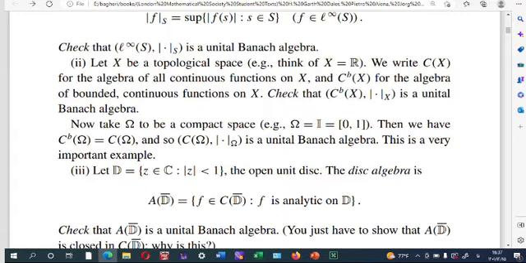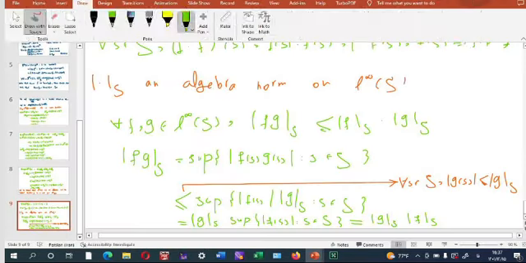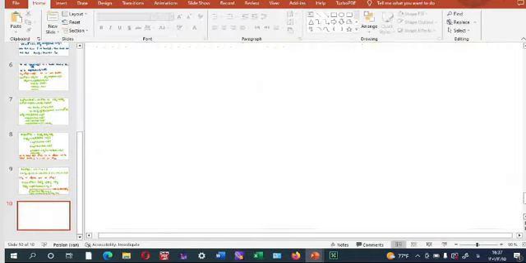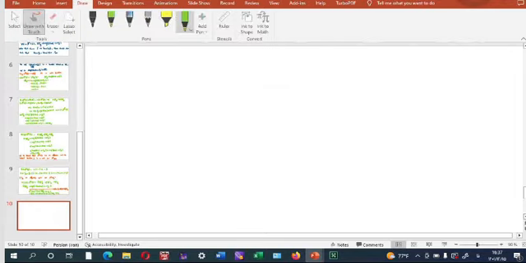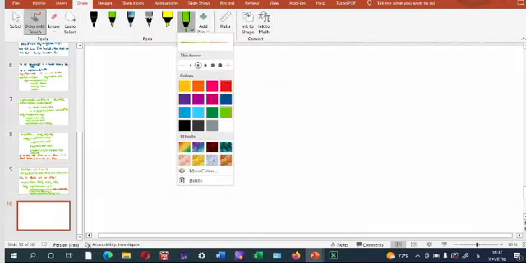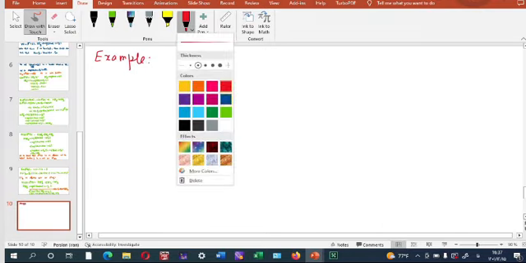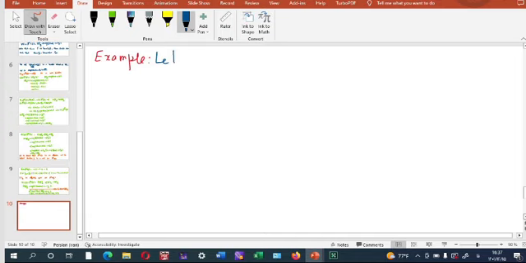Okay. We have a topology on X. Example, let X be a topological space.